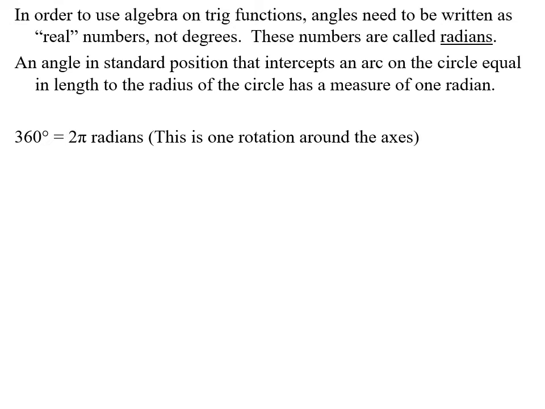So an angle in standard position that intercepts an arc on a circle equal to the length of the radius of the circle has a measure of 1 radian. And so, well, what does that mean? Well, it kind of looks like this. If you were to have an XY plane, this is going to be an awful looking picture, I know, but it's okay. And you had a circle on the XY plane. This length right here would be the radius of the circle.